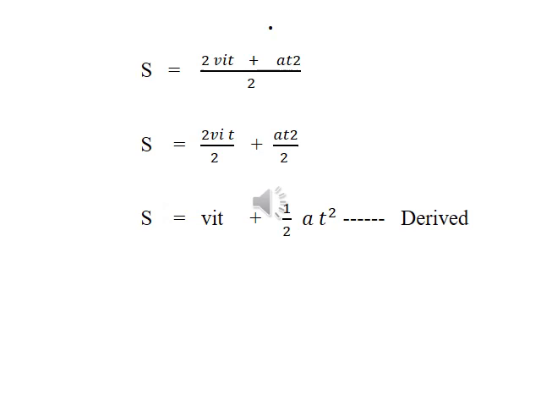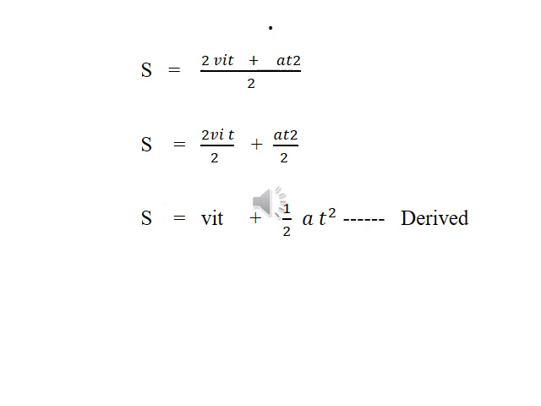Now we divide by 2 on both sides. So S equal to 2Vit plus At square divided by 2, which we can write as S equal to 2Vit divided by 2 plus At square divided by 2.